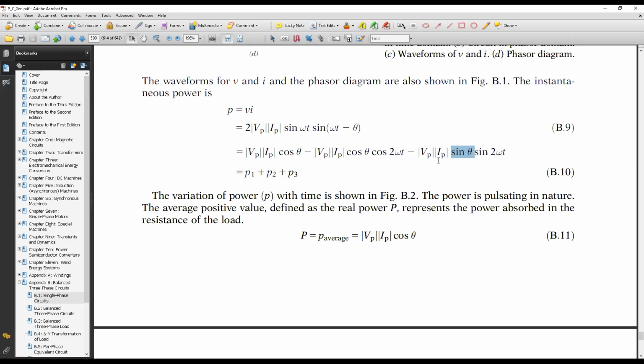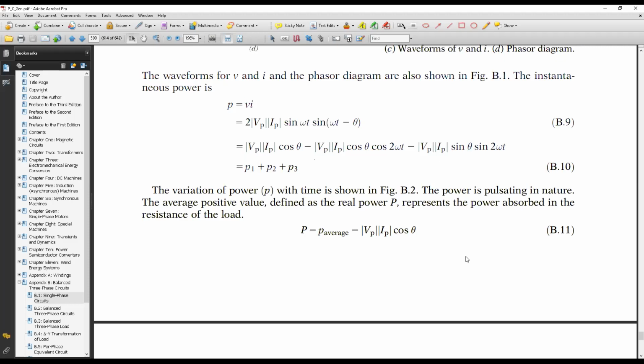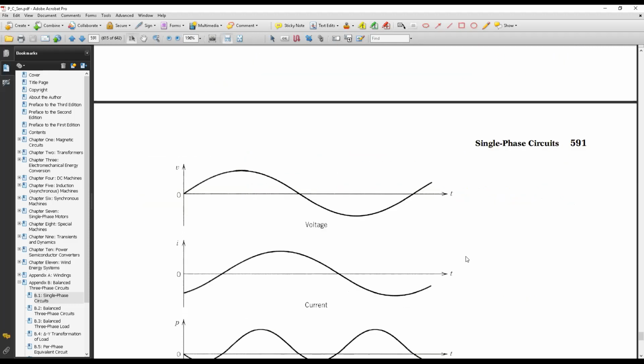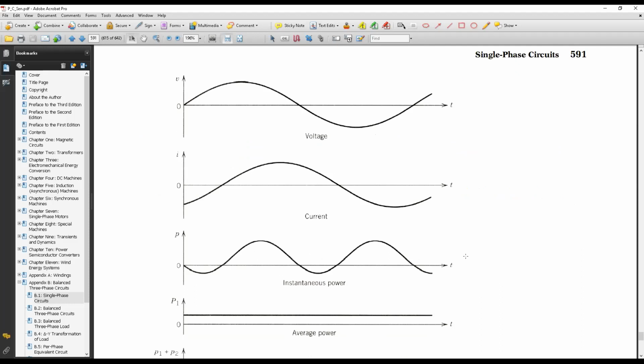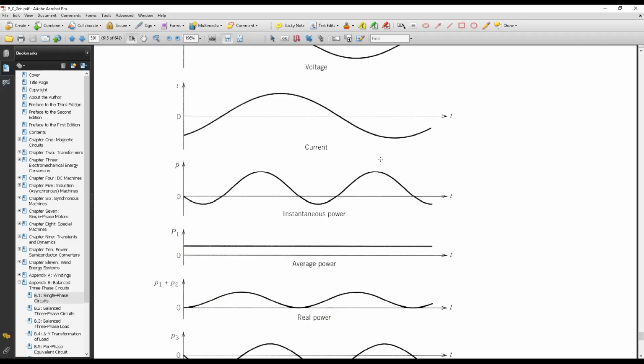Also, we described the waveforms of the three terms. As you can see, this is a voltage waveform starting at angle 0 as reference, and the current is shifted by the angle theta, which is the time related to the angle theta.